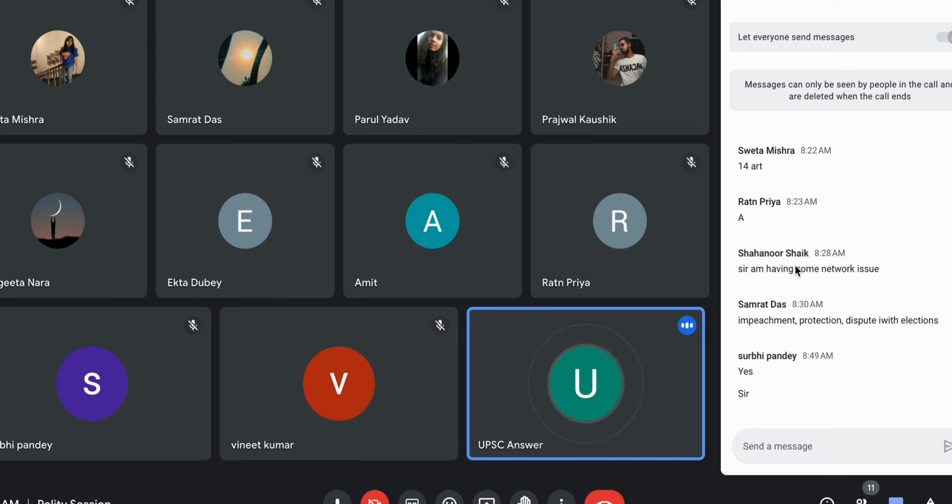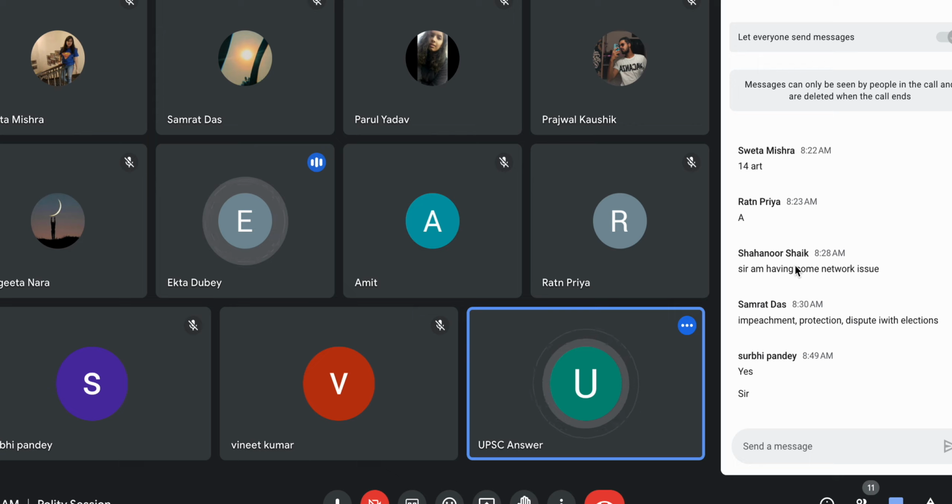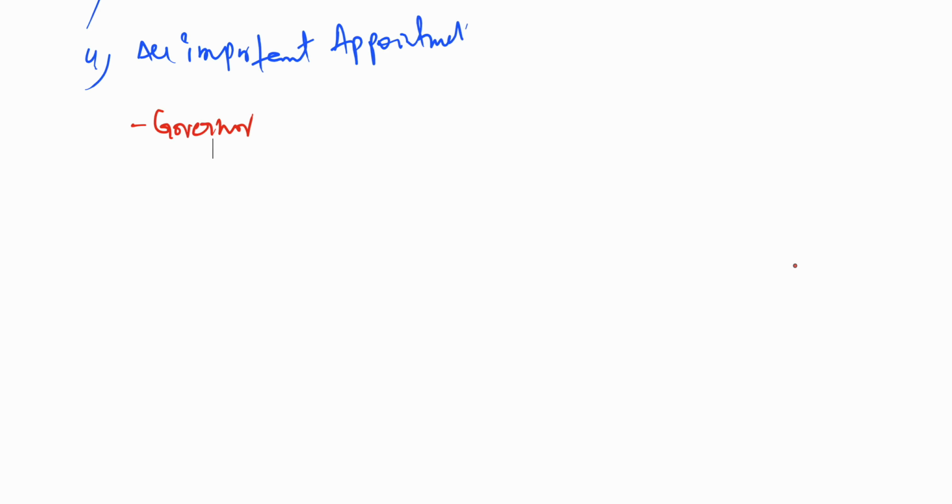Because we see in Delhi that the lieutenant governor is, we always say, the man of the union government or prime minister. So, what does the president have to do? Yes, sir, he is appointed by the president. Yes, very good. He advises the lieutenant governor on the council of ministers. Yes, the lieutenant governor is appointed by the president. So, in this list, governor and lieutenant governor.